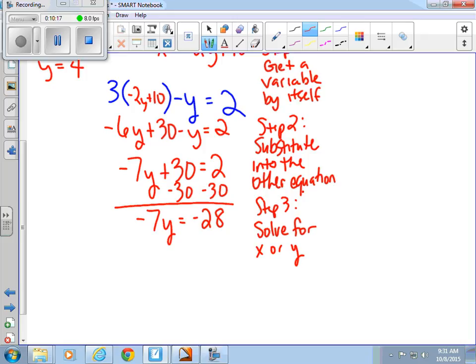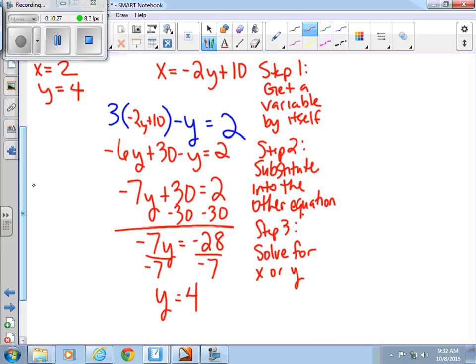So you get y equals 4. Any questions so far?